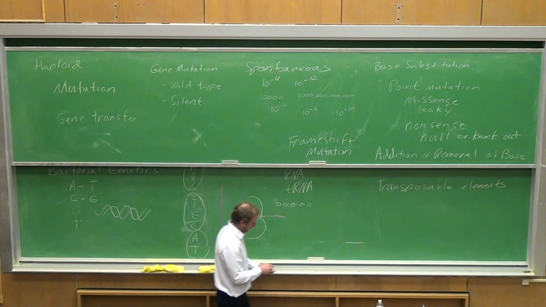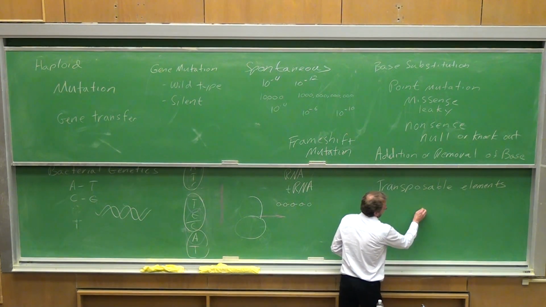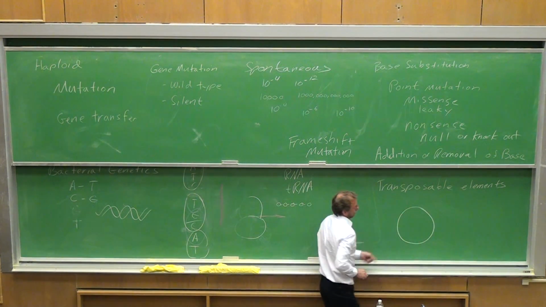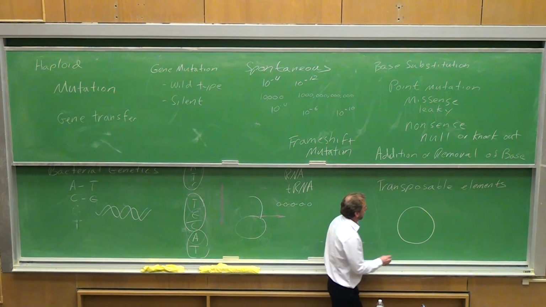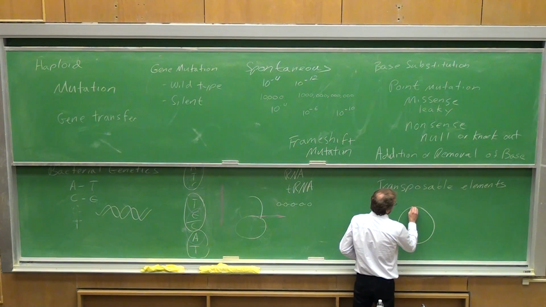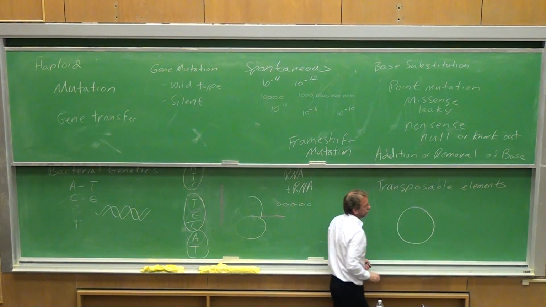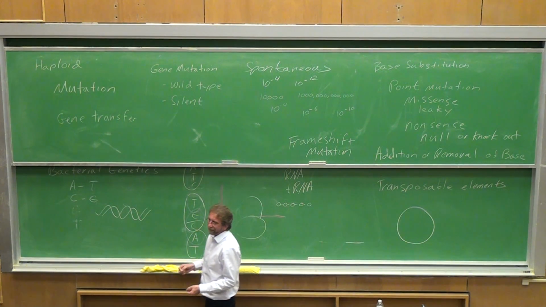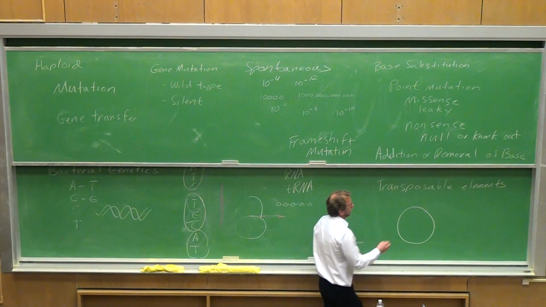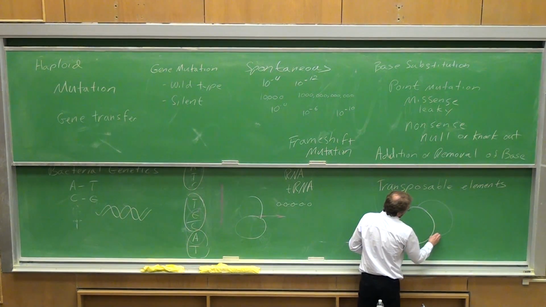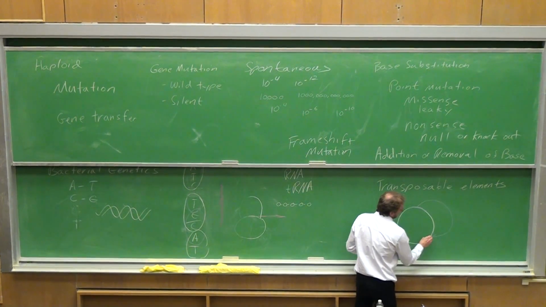Okay, so again, here's our circular DNA for our microbe. A transposable element might be this sequence of DNA right here. And what happens is it excises itself out of this spot and jumps to a different spot.